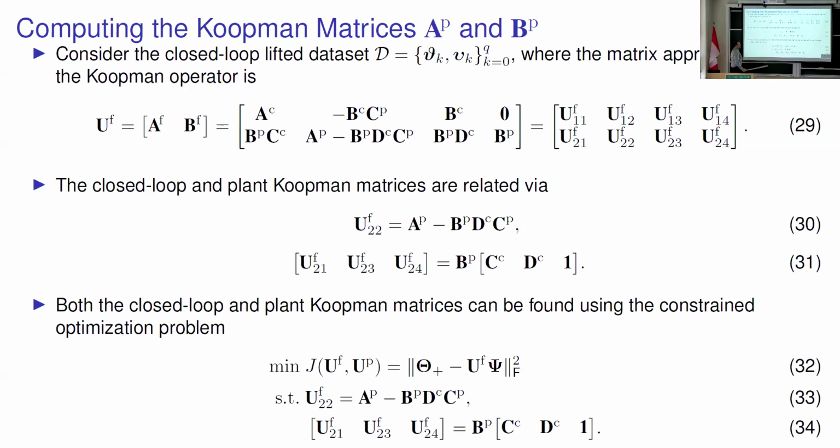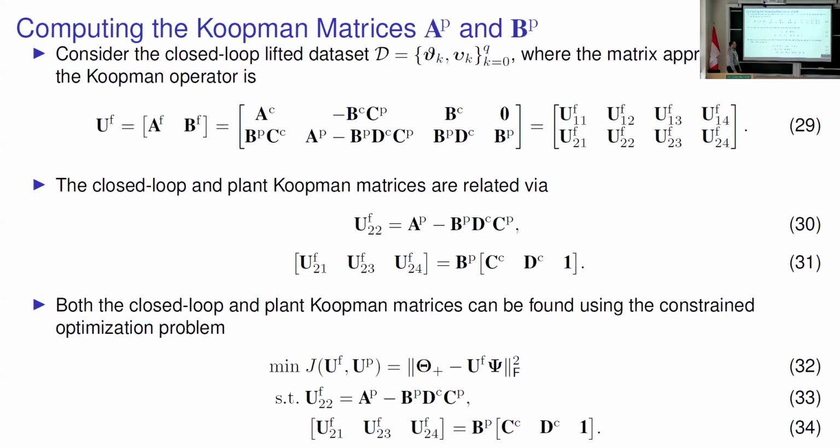Okay, so now we have these relationships here. We see that we have this U22, which involves AP and BP, which is what we're after. But we also have this big long expression, which we can extract out basically by matching some terms. Okay, so that to that would be this term, that to that would be that term, et cetera. And the problem we now solve is to find this closed loop Koopman matrix.